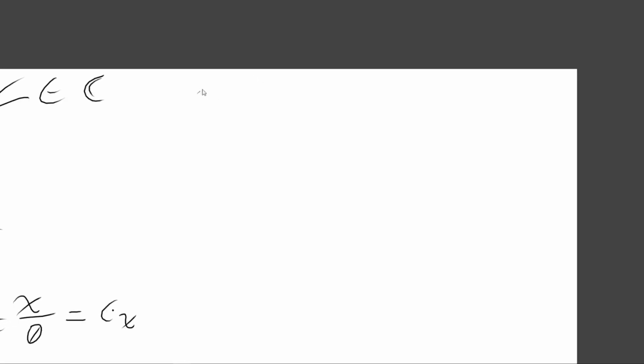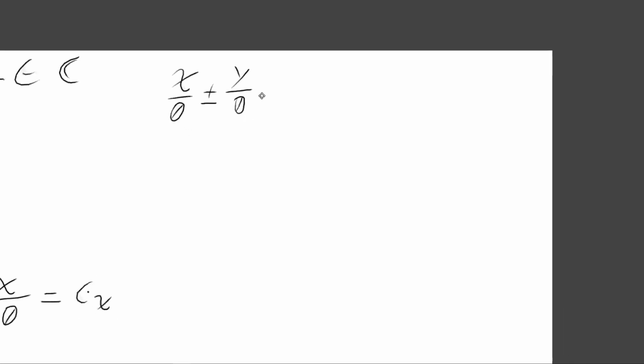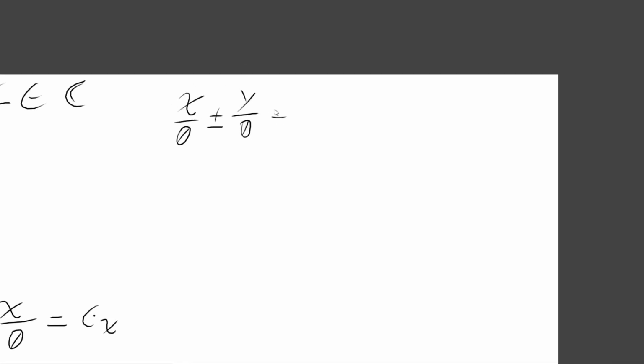Okay, so x over 0 plus minus y over 0. These can be the same number, or they can be different numbers. That's not what we care about. All right, so here's how it goes. It goes x 0 plus minus 0 for y over top of 0 times 0.